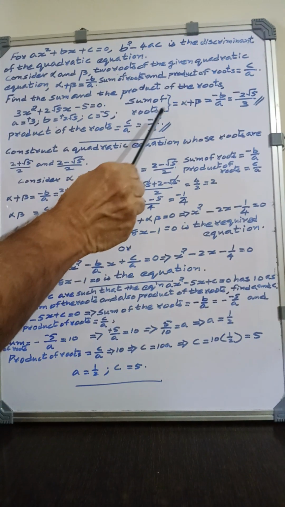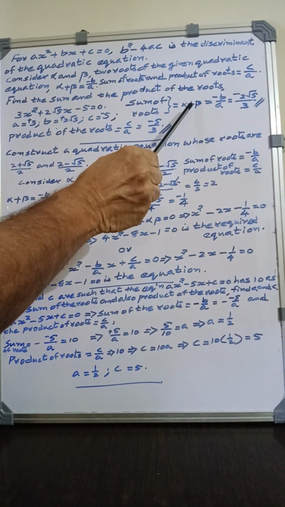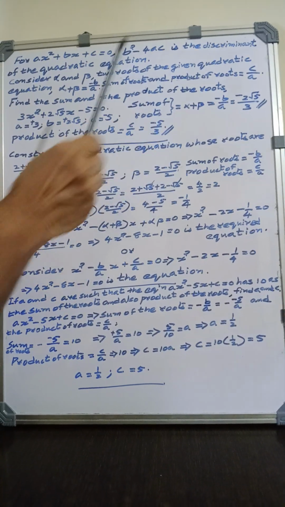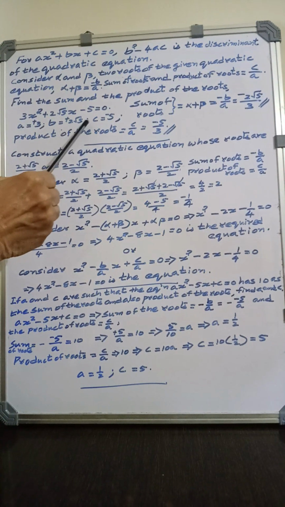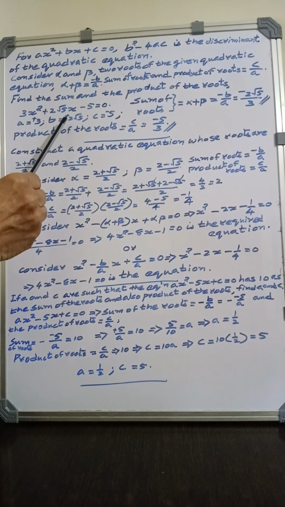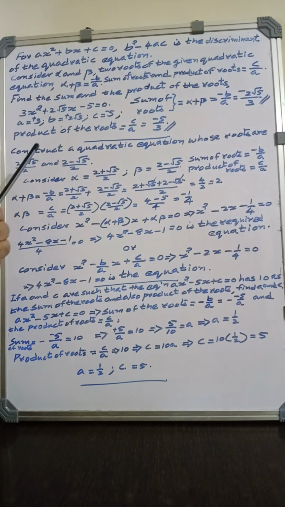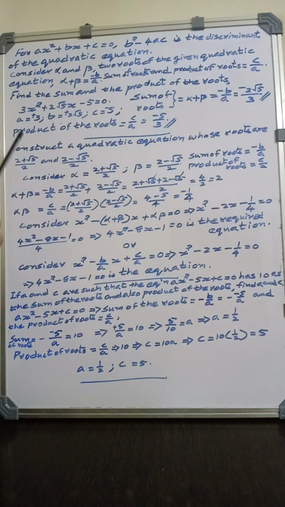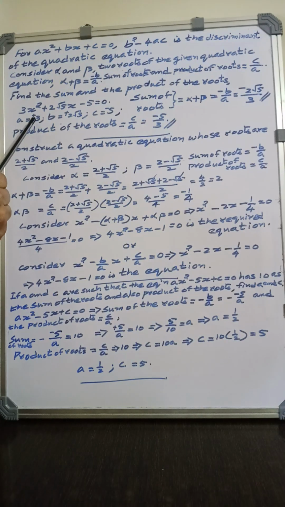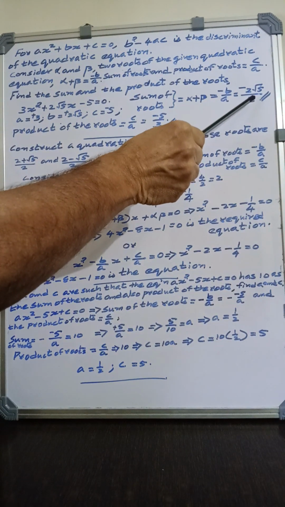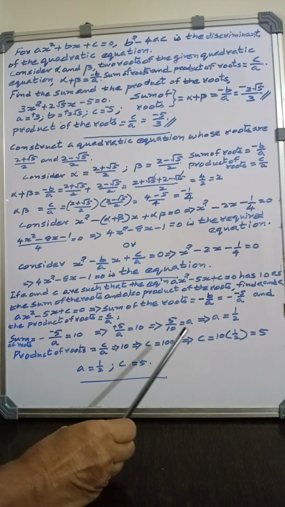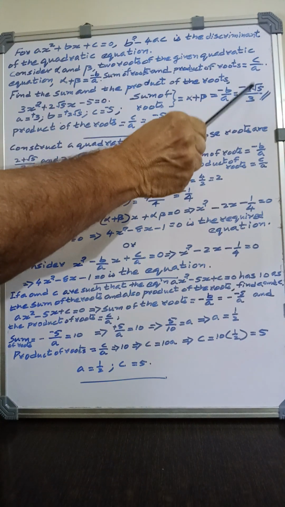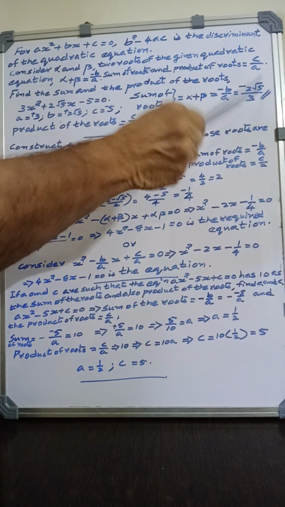Sum of the roots, alpha + beta, equals −b/a. Here b is +2√5, therefore −b is −2√5, and in the place of a we substitute positive 3. Therefore, the sum of the roots equals −2√5/3.